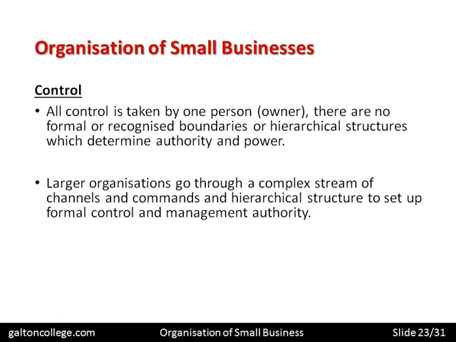It's costly, it's expensive, and there's no guarantee that the messages will be clearly understood. Whereas in a small business, the contact is directly with the owner. So the message is clearly understood.